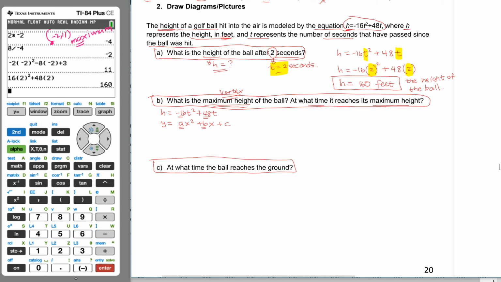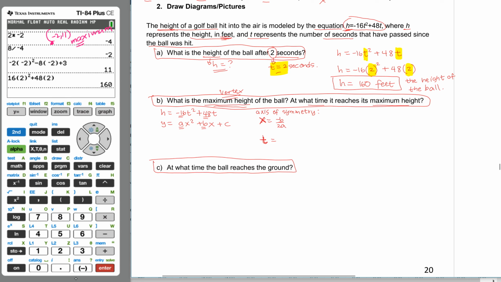So let's find the axis of symmetry: x equals negative b over 2a. In this case, the variable used this time is not x, so I will replace it with t equals. The variable used this time is t, not x, but x is always any variable used in the equation.